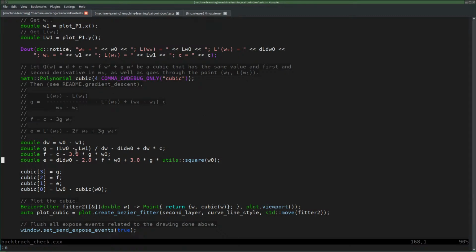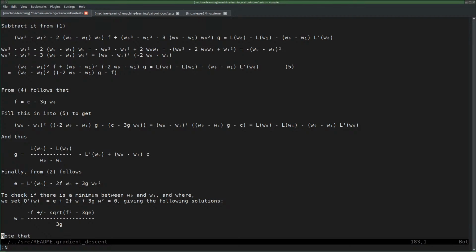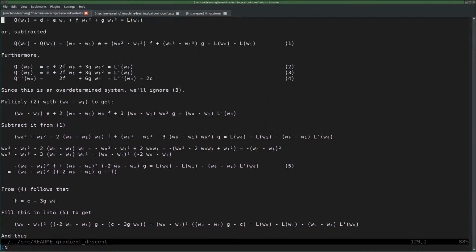Now, if this matches, as far as I can see, these formulas. So yeah, the formulas are not correct. Let's go over it.